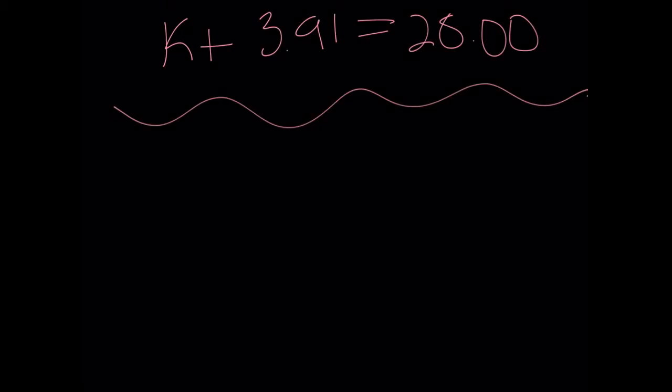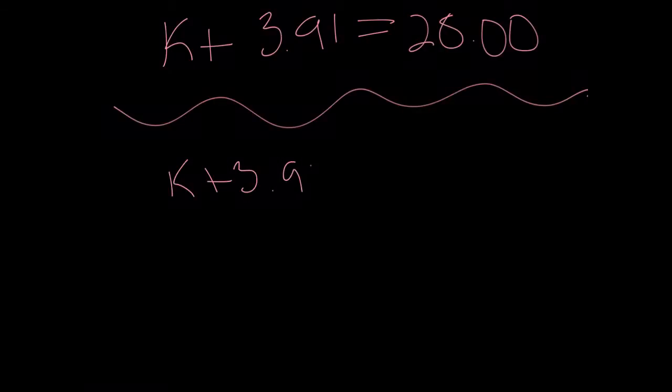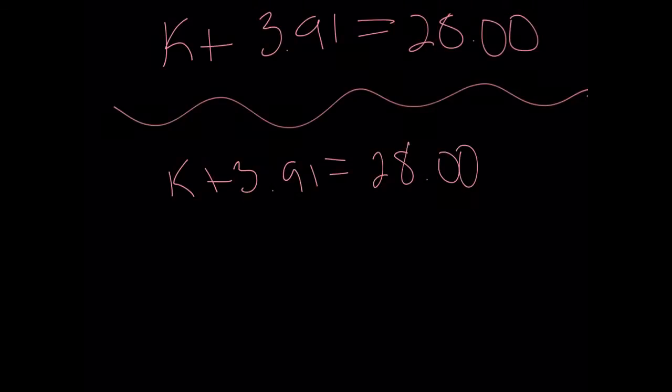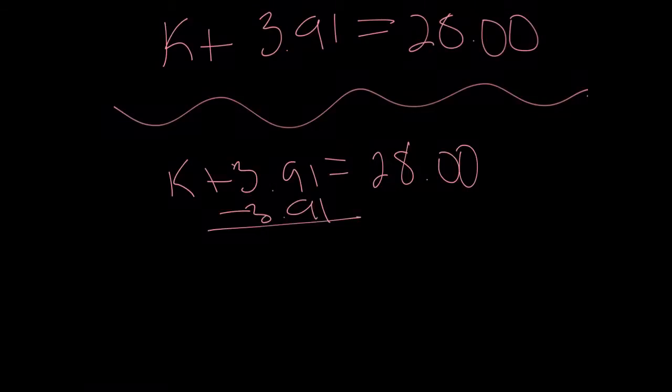Okay, so now we're going to rewrite our problem again. So it's K plus 3.91 equals 28.00. And so since it's an addition problem, we're going to cancel out 3.91 with subtraction. So we're going to subtract 3.91, which cancels out that, which leaves K by itself.